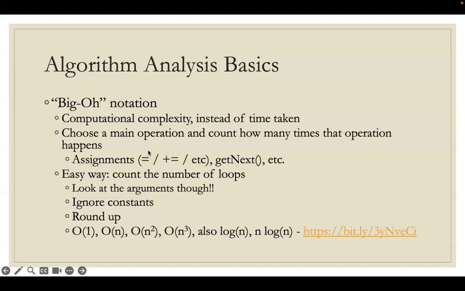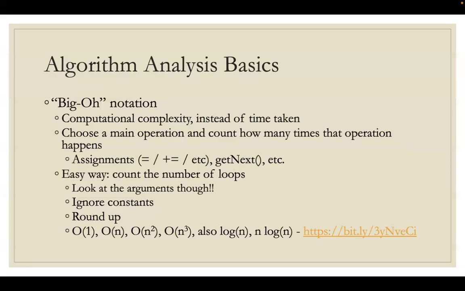Some really good candidates for operations to choose are assignments. If there's an equal sign or addition, that may be a good operation. For our linked list, something like get next might be an operation because that's doing something. And if we're iterating through a list, we would do that thing as many times as there are things in the list.